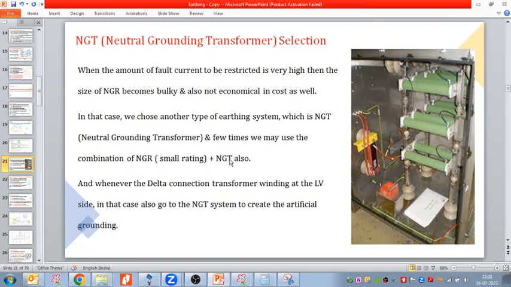Whenever the transformer winding at the LV side is delta connected, in that case also we have to use the NGT system, neutral grounding transformer system, to create the artificial grounding in the electrical installation. We will see this concept through some drawing as well.